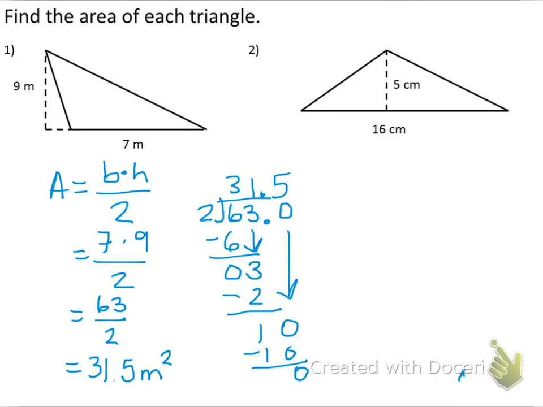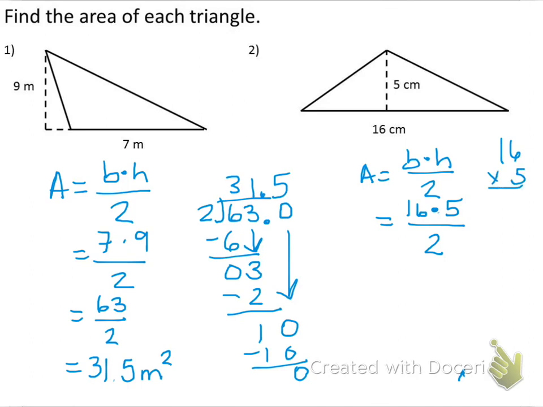Let's do one last example. Our area is equal to our base times our height divided by 2. In this situation, our base is 16 centimeters long, so I'm going to write 16 times our height of 5, all divided by 2. 16 times 5. 5 times 6 is 30. 5 times 1 is 5, plus 3 is 8.